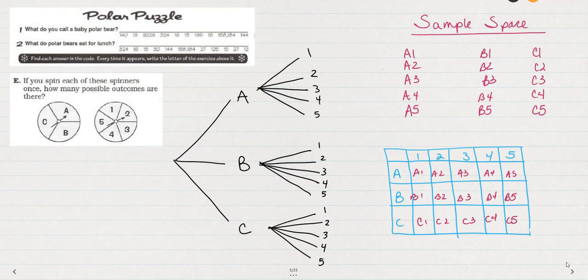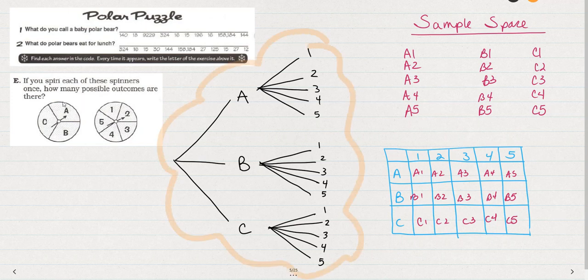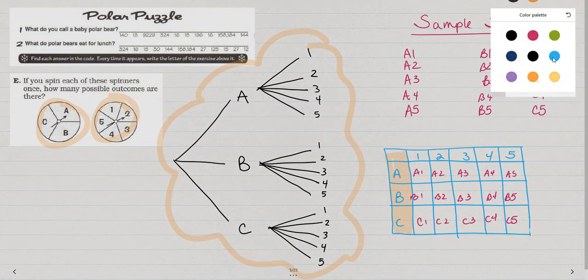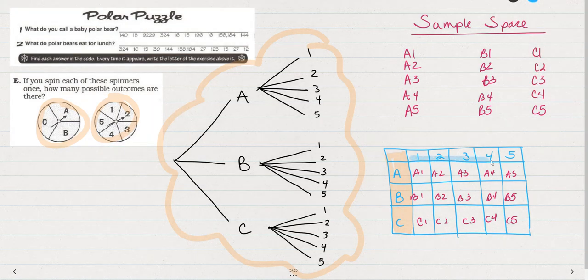But let's look at one other way to find that. It is important to be able to do this tree diagram, but because there are only 2 steps to this problem, we could also make a cross chart. Here's how that would look. In the rows, we have the A, B, and C. That was our first spinner. In the columns, we have 1, 2, 3, 4, and 5. That was our second spinner.